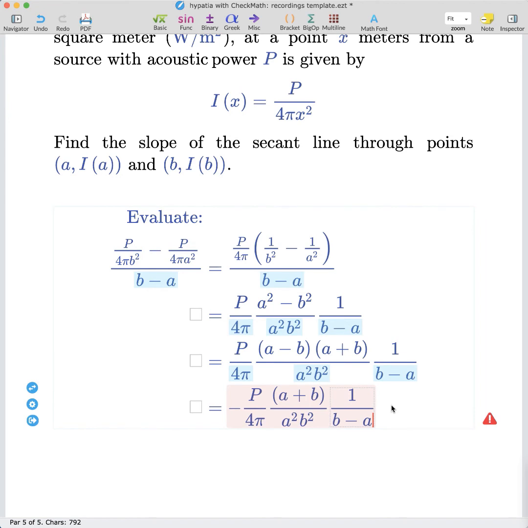And by the way, as we're working, notice that checkmath is checking over our calculations, and see here, I haven't canceled out the B minus A in the denominator, and checkmath notes that this is incorrect. So if we correctly cancel this out, again, we are conditionally correct.